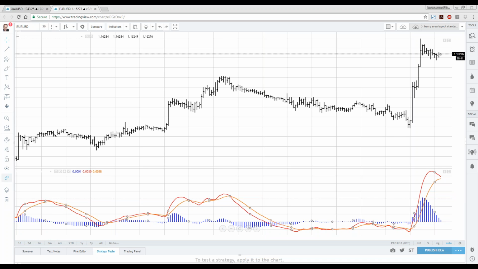Now, when they cross over or they converge and diverge, converge means what? Converge means coming together, and diverge means moving apart.